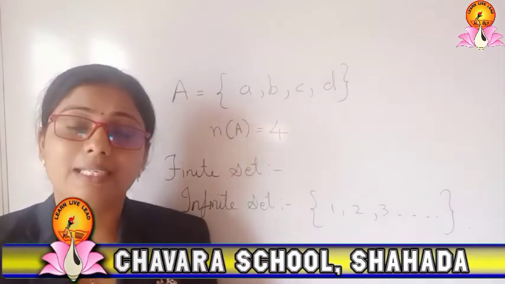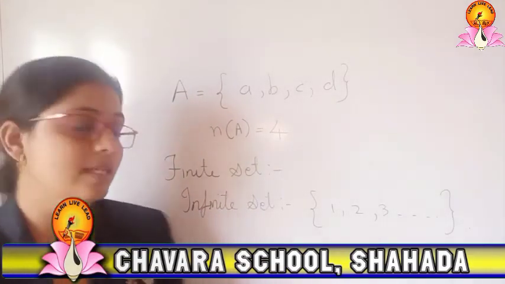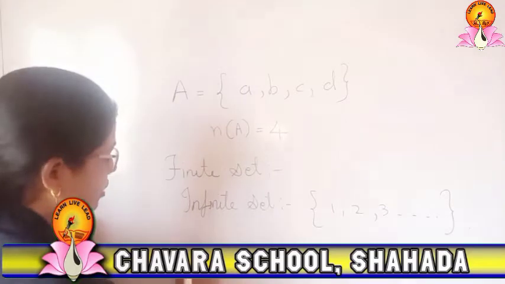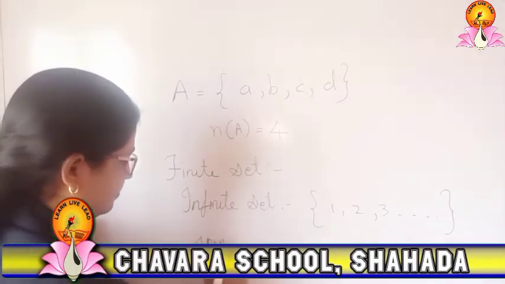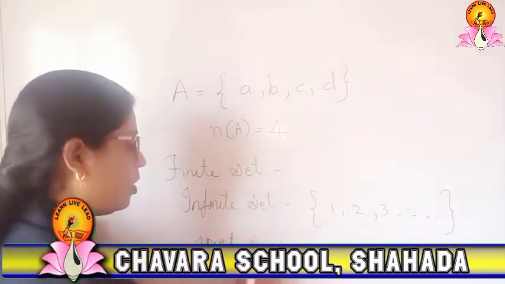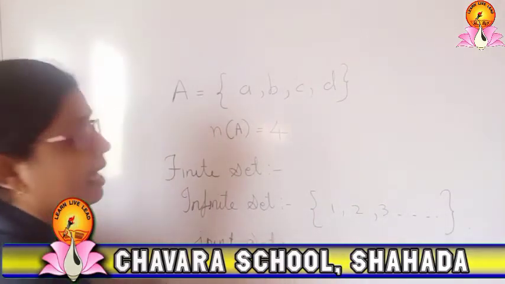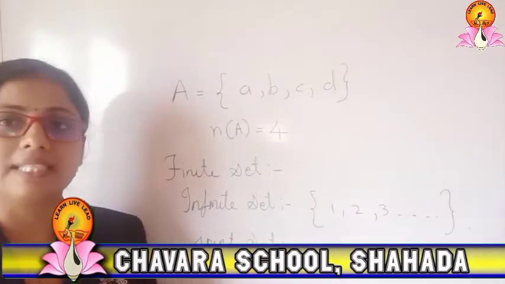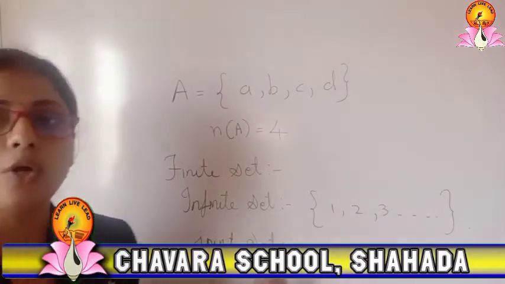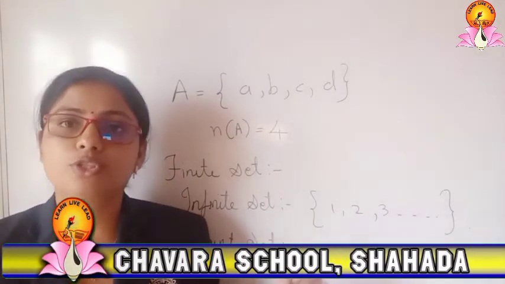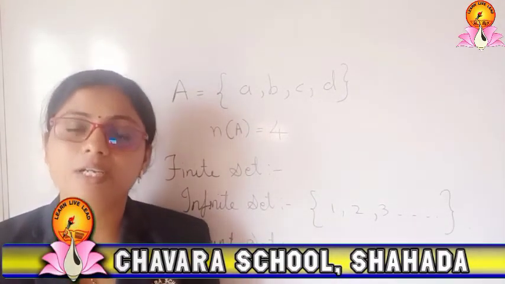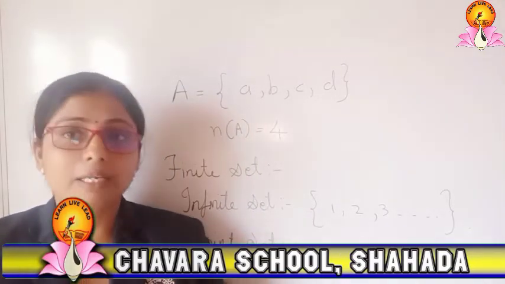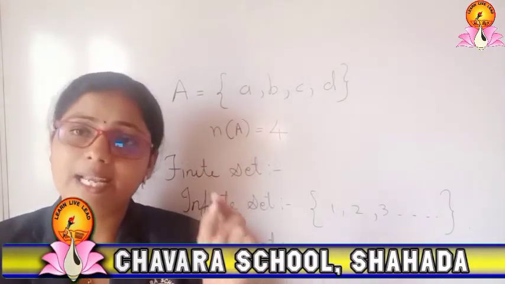Okay, then the next one that comes is joint set, or it may also be called an overlapping set. A joint set is nothing but a set where you will find at least one element common in both the sets.